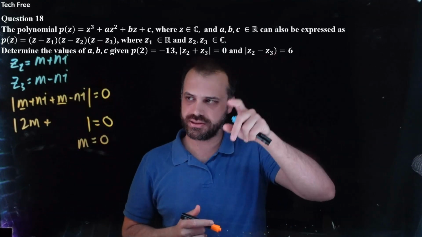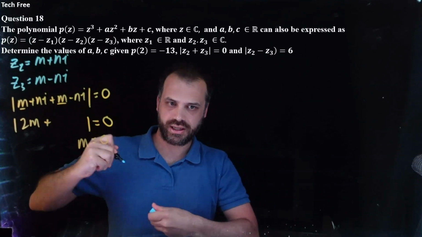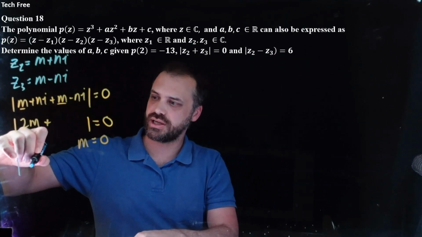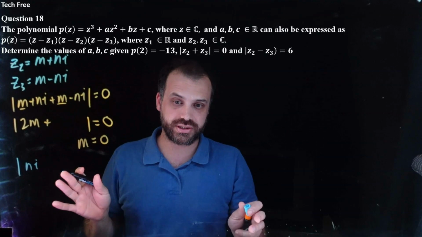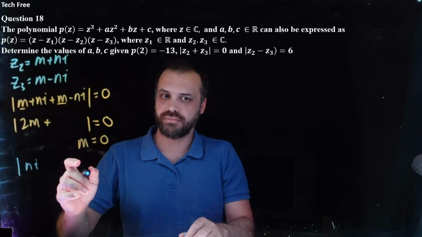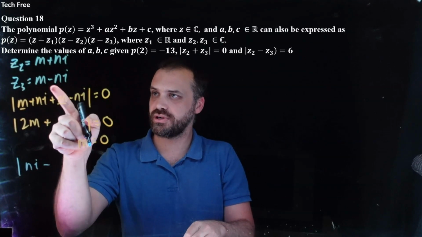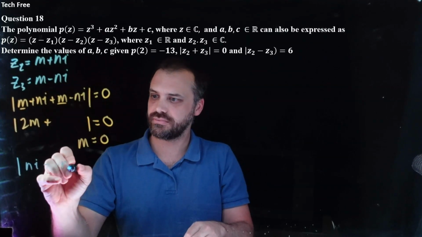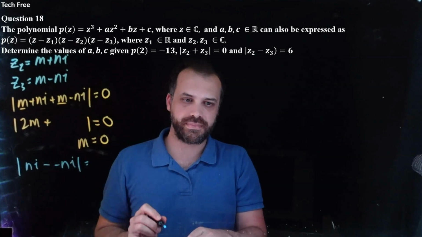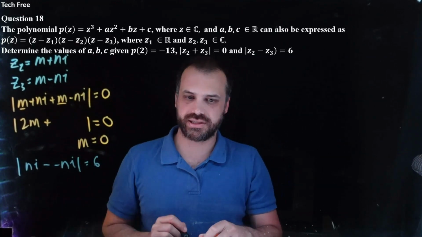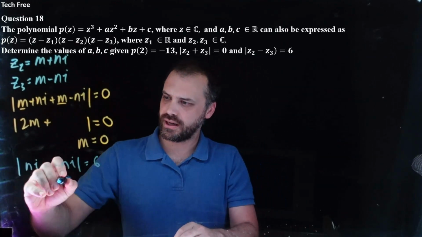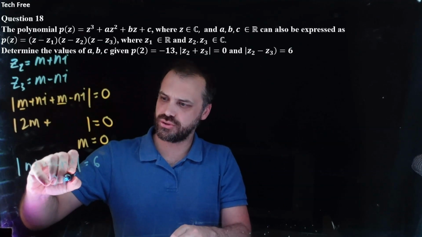This next bit here says that Z2, which is just now just Ni, right? Because there's no M. Minus Ni, right? This is Z3, minus Ni. And the magnitude of that is equal to 6. Now again, I can rewrite this as 2Ni.